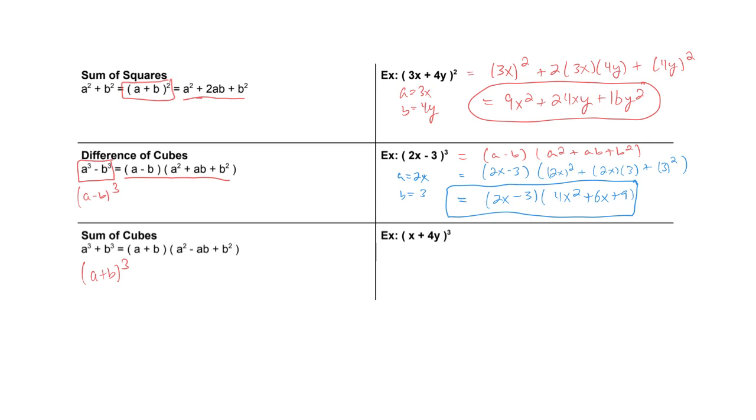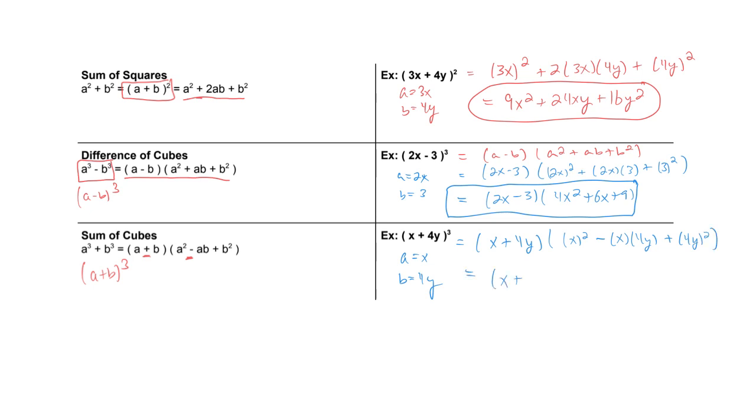And then last one, same thing, except you'll see it's a plus b in the front, and then a squared minus ab. Right, so just remember when you're substituting in. So a is our x, b is 4y. So a plus b, so x plus 4y, times a squared, x squared, minus a times b, x times 4y, plus b squared, 4y squared.